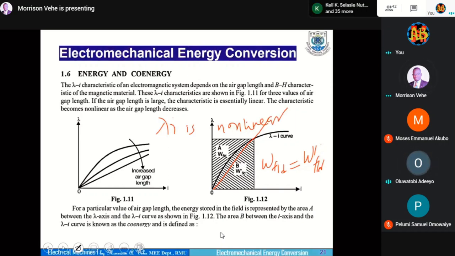Say, can there be an instance where the energy is greater than the co-energy? Yeah, you can have an instance like that.